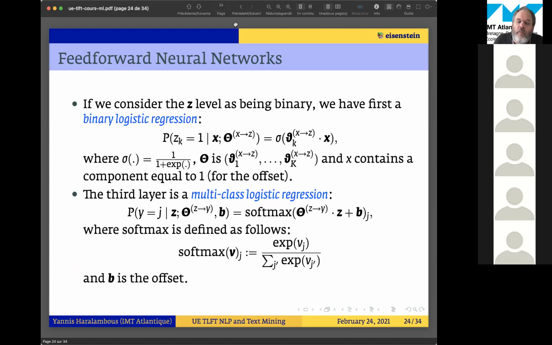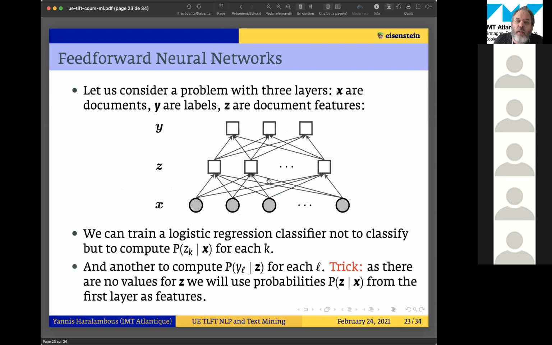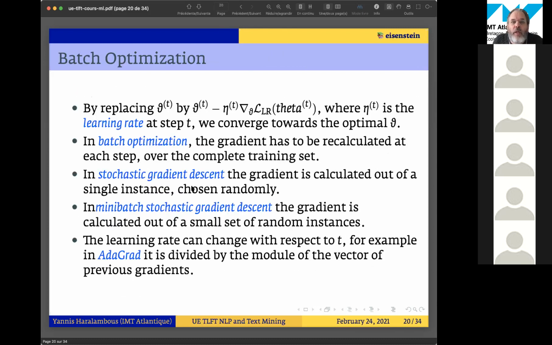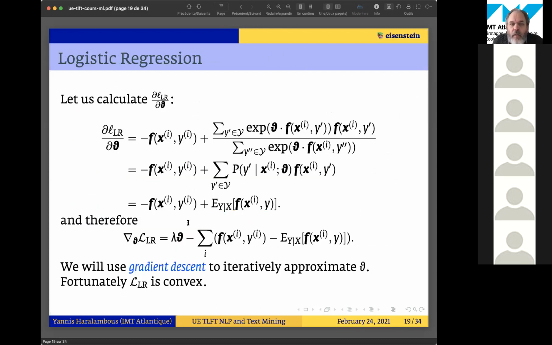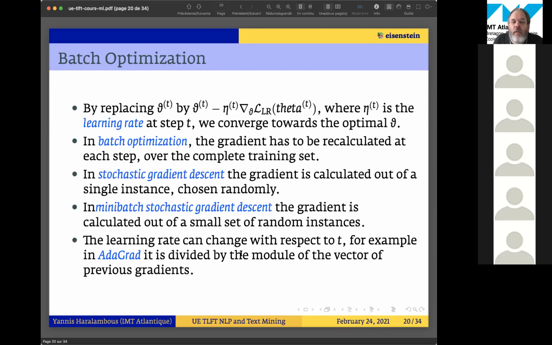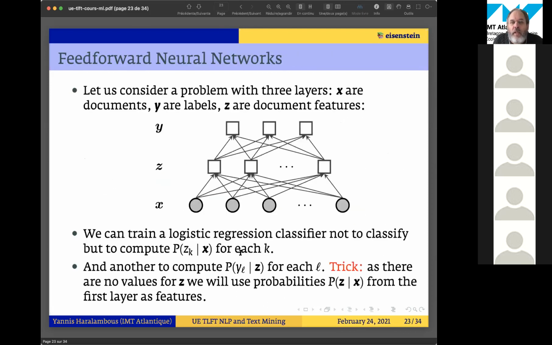This network is a very simple one. It has only 3 layers: an input layer, an output layer, and an intermediate layer. I call X the input layer and Y the output layer to keep the same notation as I had here for the logistic regression and naive Bayes.